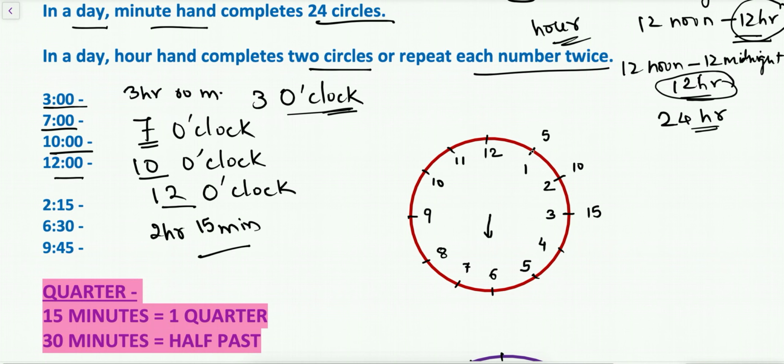So this is 5, 10, 15, 20, 25 and this is 30. So the minute hand will be on this 30 minutes. So this is 6:30. How will we write it? 6 hours 30 minutes.